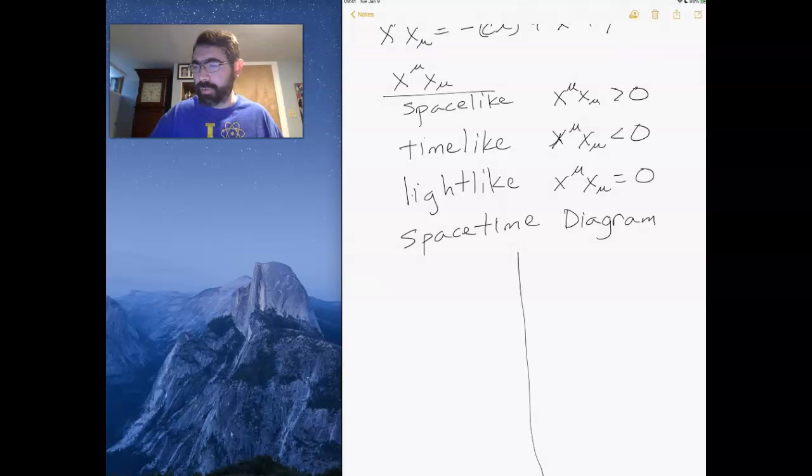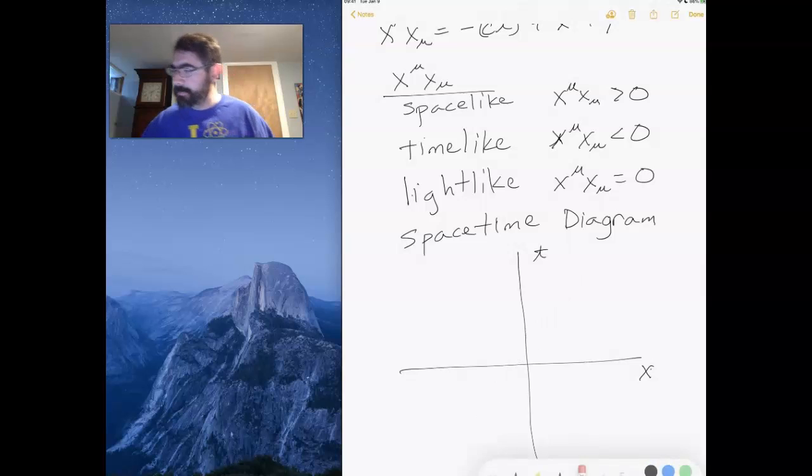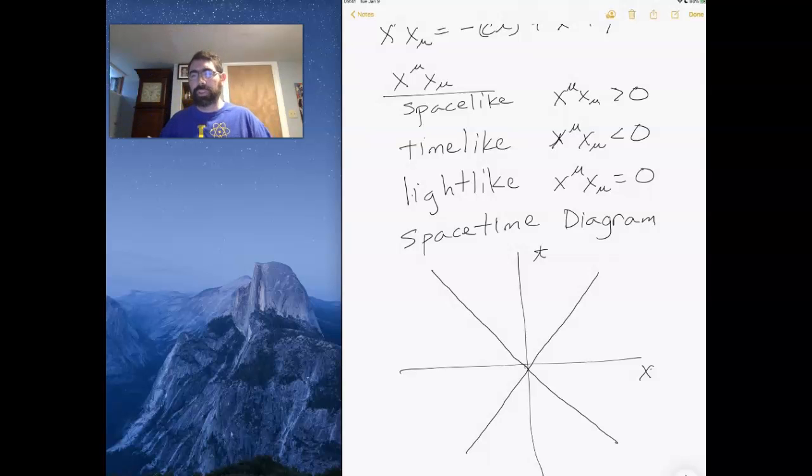And what you get is, if I was to make a plot of time on one axis and space on the other axis, I would get a cone like this.